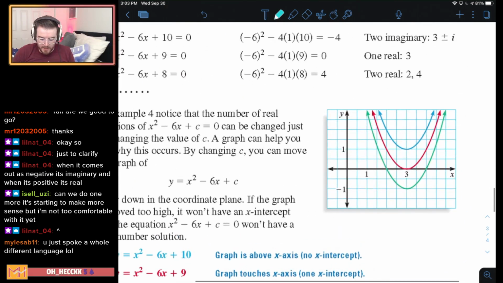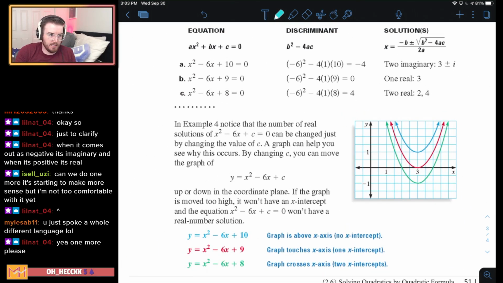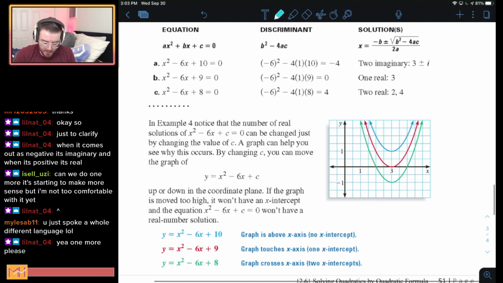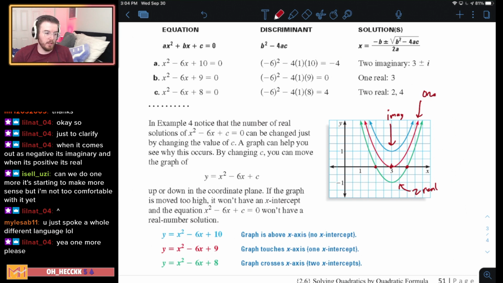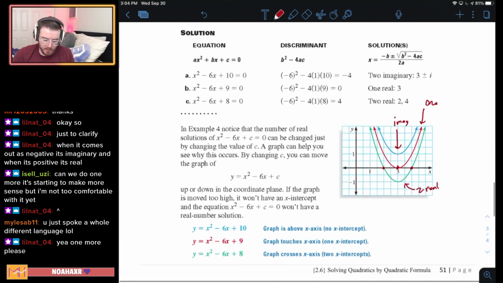This picture right here, by the way, is just demonstrating what I said earlier: when you have imaginary solutions, it's not going to cross. When you have your two real solutions, you're going to see it cross, and when you have only one solution, it's just going to touch once. So that's just like a physical representation of that.